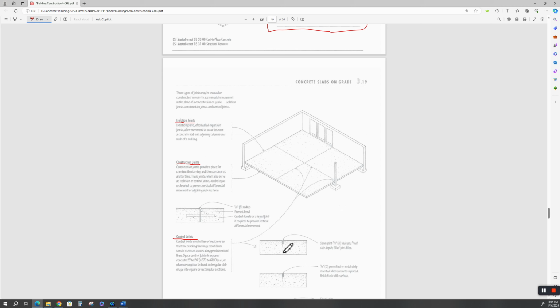You can come in after the slab's poured while it hasn't reached its full strength and saw cut these on a pattern, or you can pre-mold these things. You just put in a pre-mold, set in a metal strip inserted when the concrete's placed. Or sometimes they'll come in with a rake. There's a special tool. It's got a long pole on it.